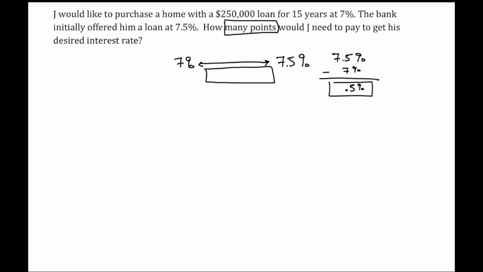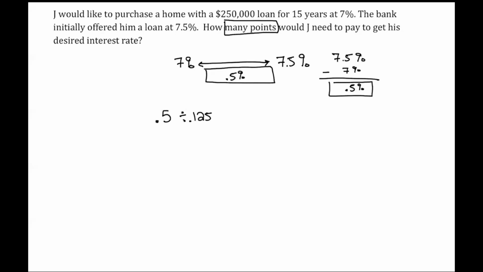If we remember from our previous problem, you want to know how many points, and a point is worth 0.125. So if we have 0.5, how many 0.125s are there? Does that make sense why I'm doing that?